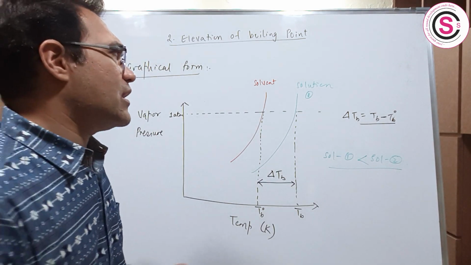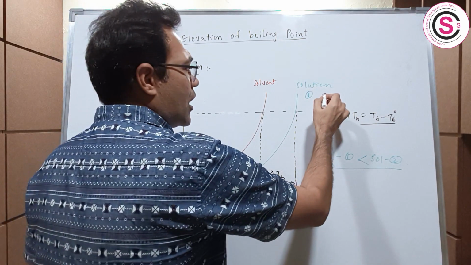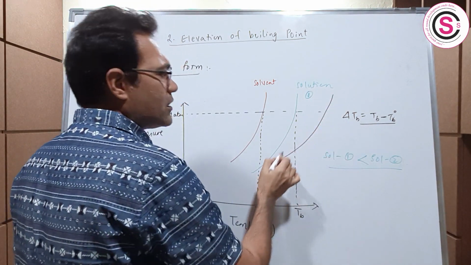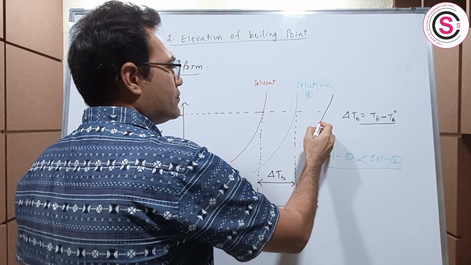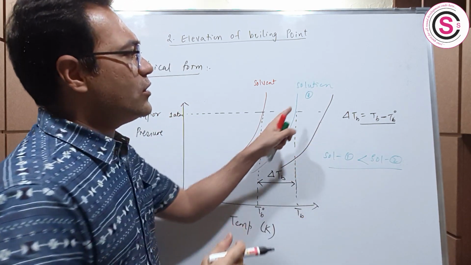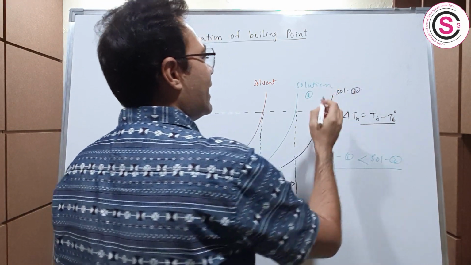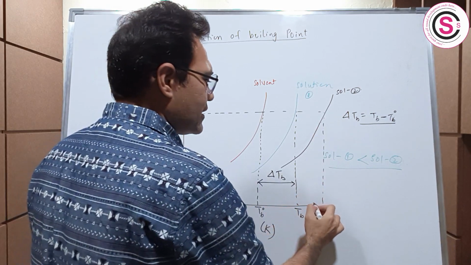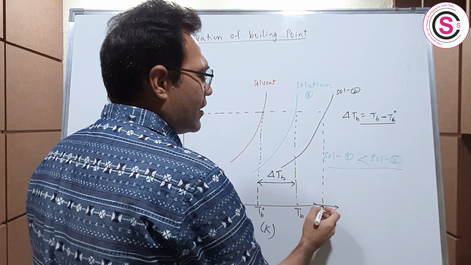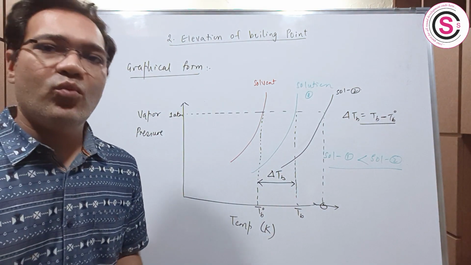Now, students, because solution 2 is more concentrated, the graph of solution 2 will appear somewhat like this. It will be parallel to the graph of solution 1, and will of course have, if I extrapolate it on the x-axis, a higher boiling point than that of solution 1.